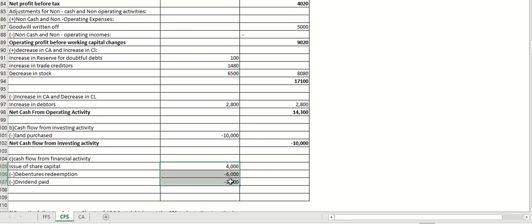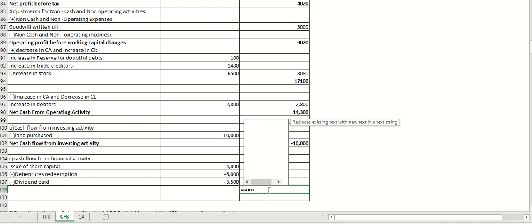Now let us total it up and see how much are we getting for the net cash flow from financing activities.